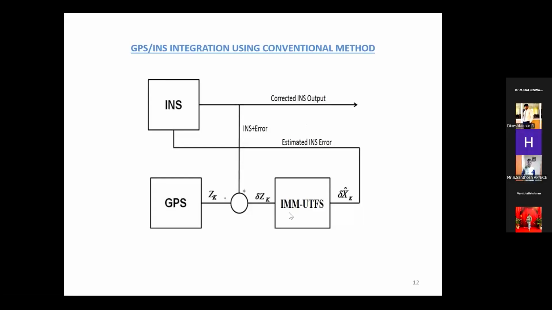In case you go for non-linear trajectories, then we have to go for an advanced type of Kalman filter, called the unscented Kalman filter. Then again you need two unscented Kalman filters to be integrated. Then you have to go for IMM-type models, the interacting multiple model Kalman filters.